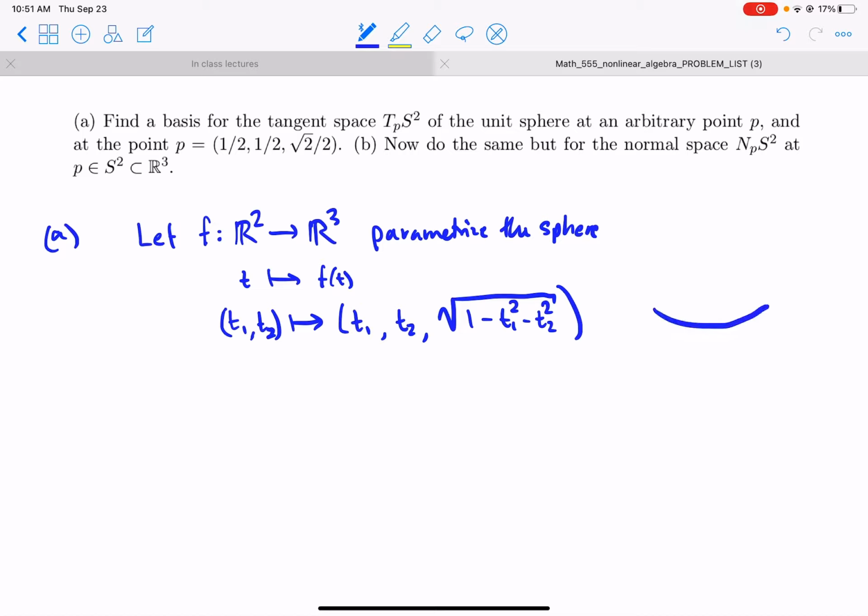This actually parameterizes half of the sphere, namely the upper half. Okay. And so, for example, the point 1/2, 1/2 goes to the point 1/2, 1/2, root 2 over 2.